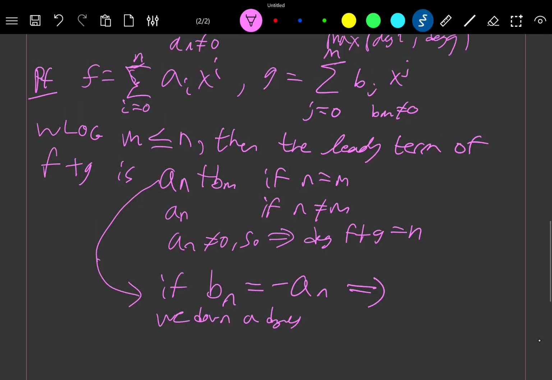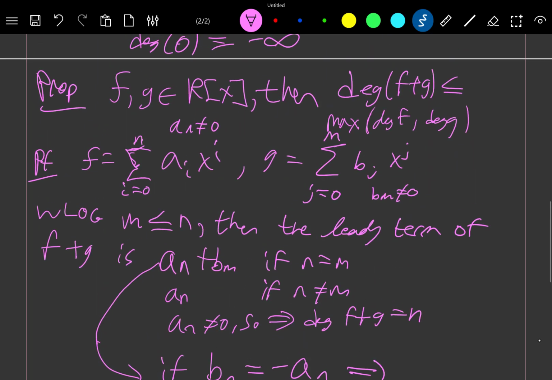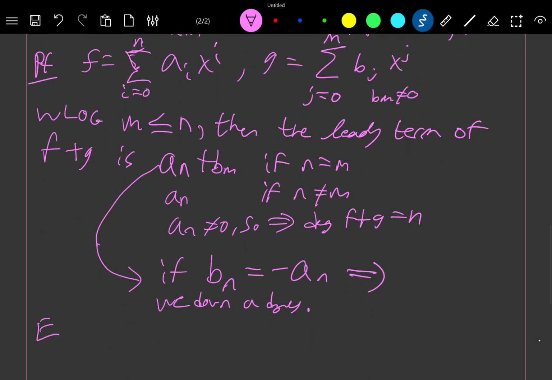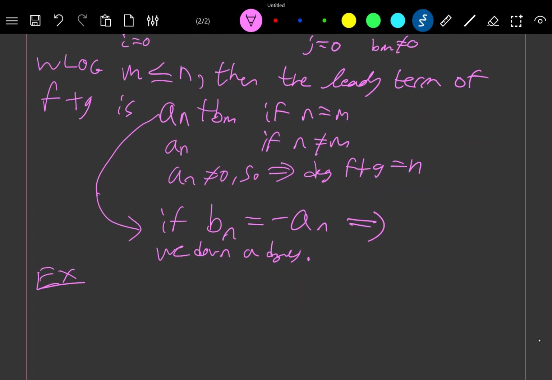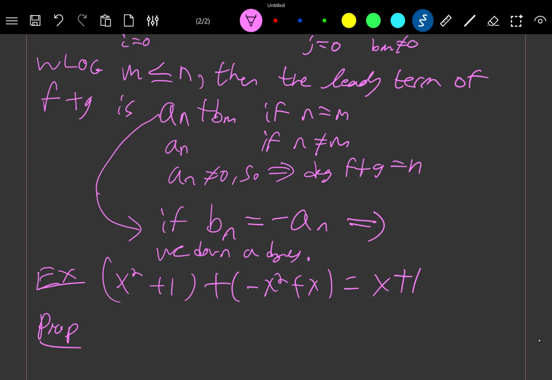And so the largest term has to be strictly less than. So for example, if I have x squared plus 1 and I am adding negative x squared plus x, this is x plus 1. So the degree just went down by 1. Furthermore, so that's what happens when we add.